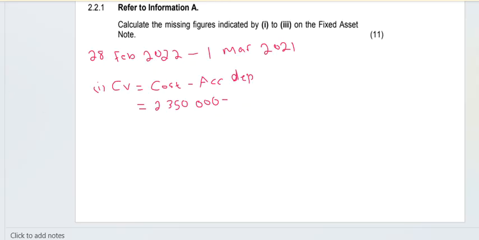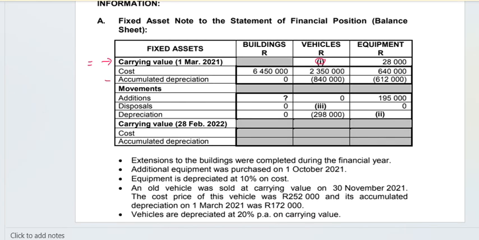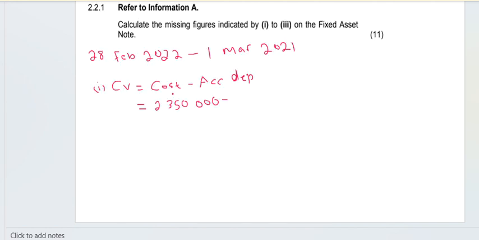Then we subtract 840,000, which is the accumulated depreciation, indicated with the bracket sign. So we subtract 840,000 from 2,350,000, and thereby we get the answer.